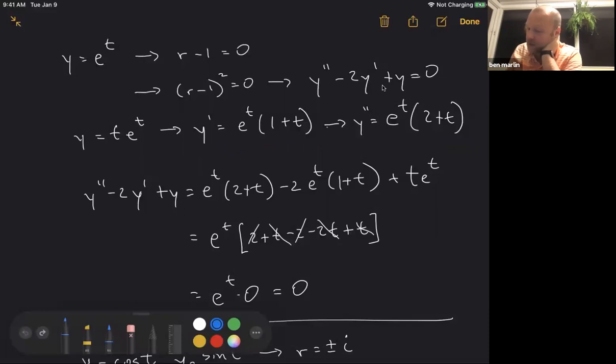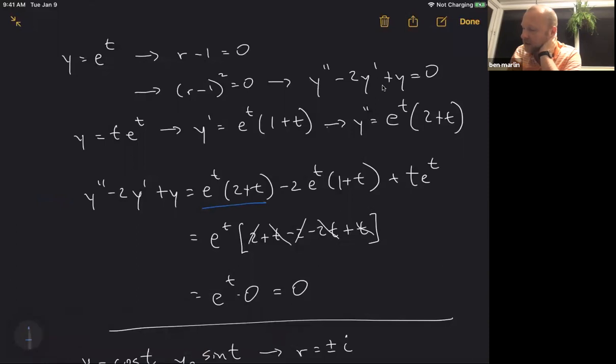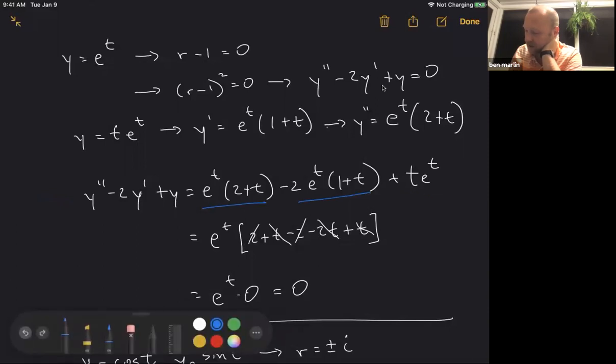When we plug back into the equation, in order to verify that we actually have a solution, we get e to the t multiplied by 2 plus t, and a minus 2 times e to the t times 1 plus t, and then that t e to the t hanging on at the end.